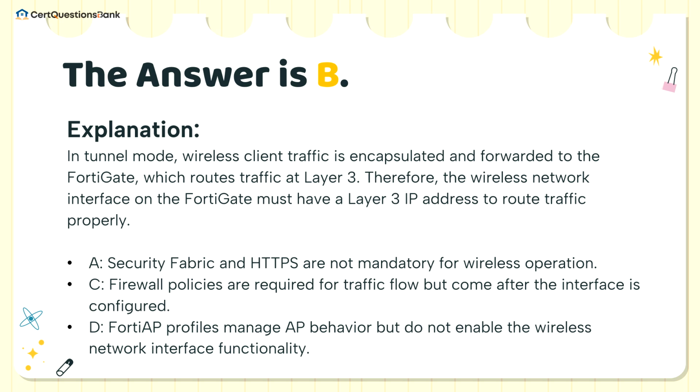A. Security fabric and HTTPS are not mandatory for wireless operation. C. Firewall policies are required for traffic flow but come after the interface is configured. D. FortiAP profiles manage AP behavior but do not enable the wireless network interface functionality.